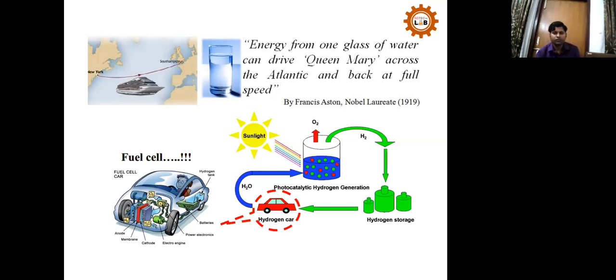Here one Nobel laureate has said that one glass of water has the energy to drive a ship, like this Queen Mary. So much energy is contained in water. If we can split water into hydrogen and oxygen and use it in a fuel cell, then it can easily be used for powering vehicles.